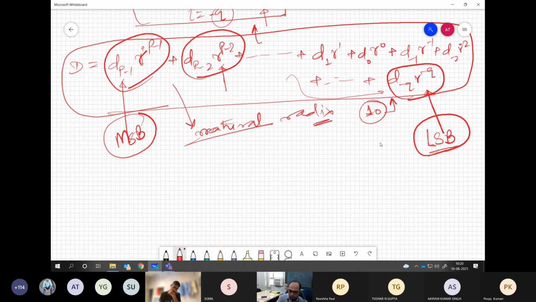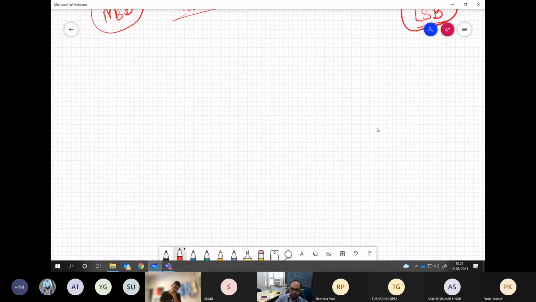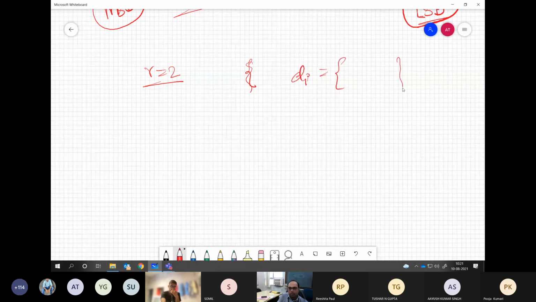Now, what I mean by saying that this is our representation of any radix system at base 10. For example, if we go for r equal to 2, what are the possibilities for any bit, let us say di? 0 and 1.